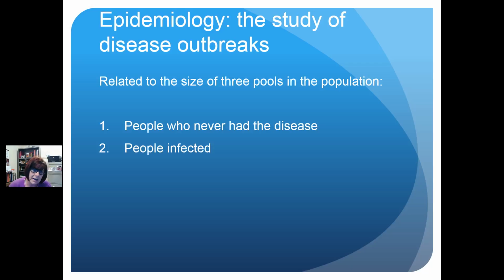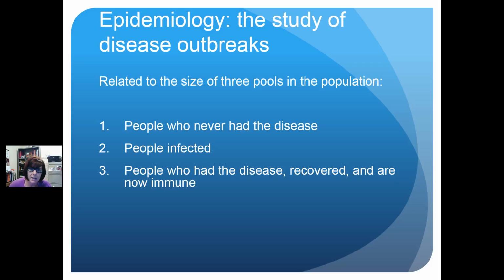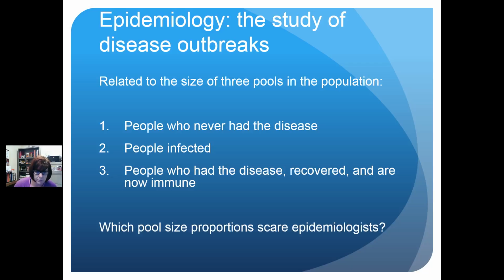Then they want to see what portion is actively infected at the moment. And then they compare that to people who have had the disease, recovered, and are now immune. They're constantly studying the proportion of those 3 parts of the population.